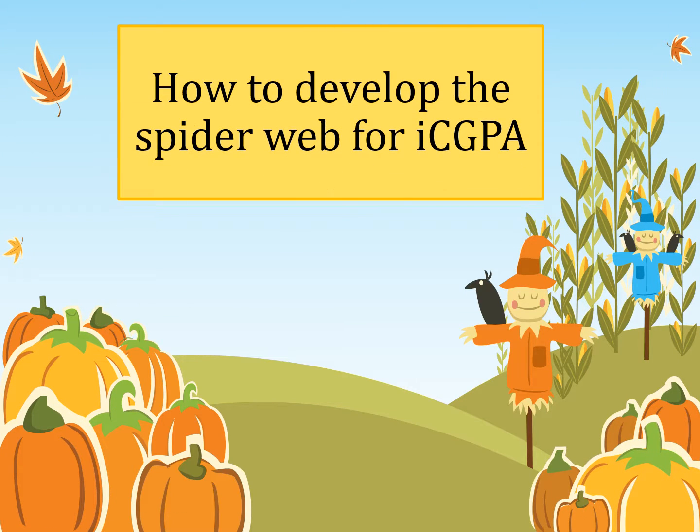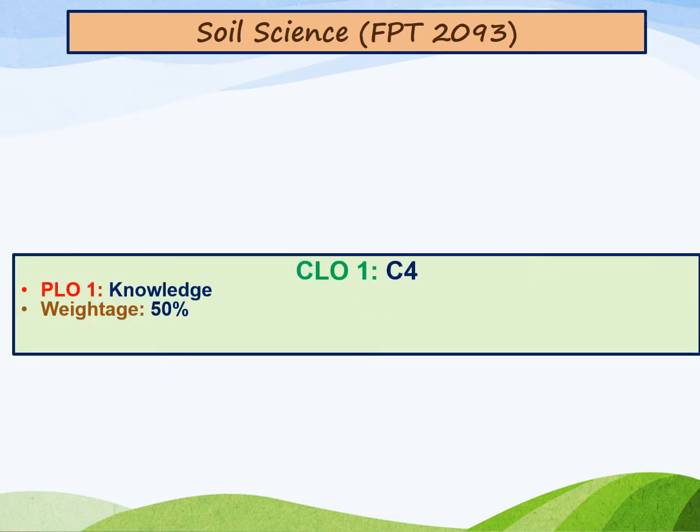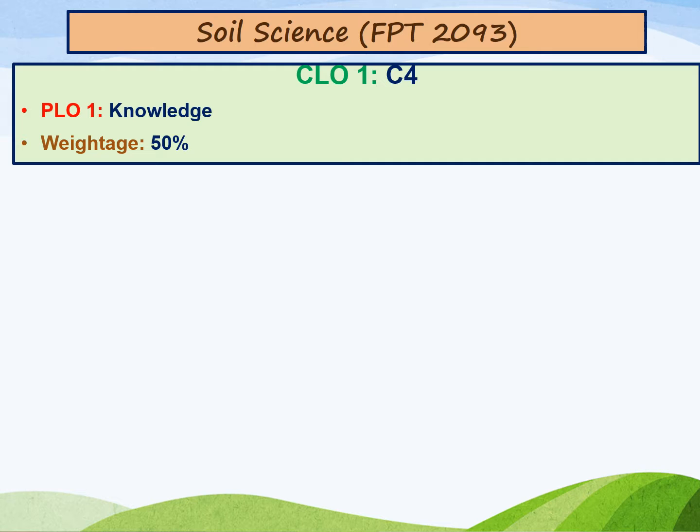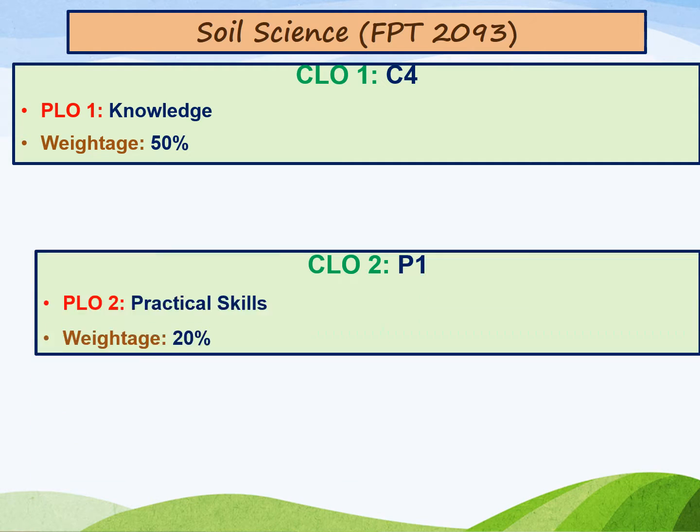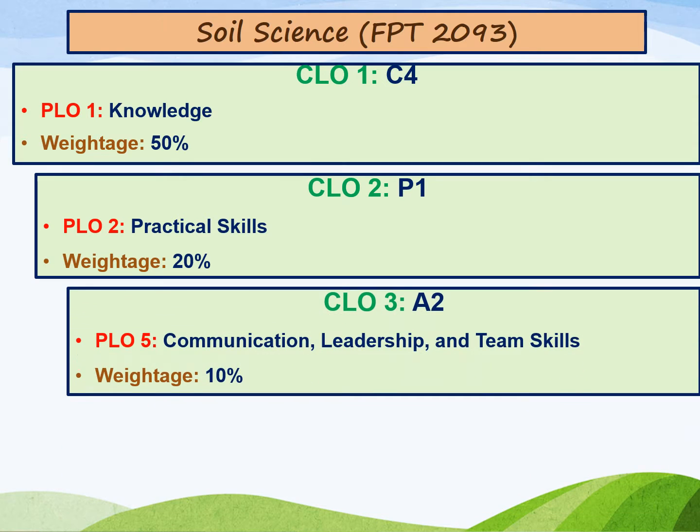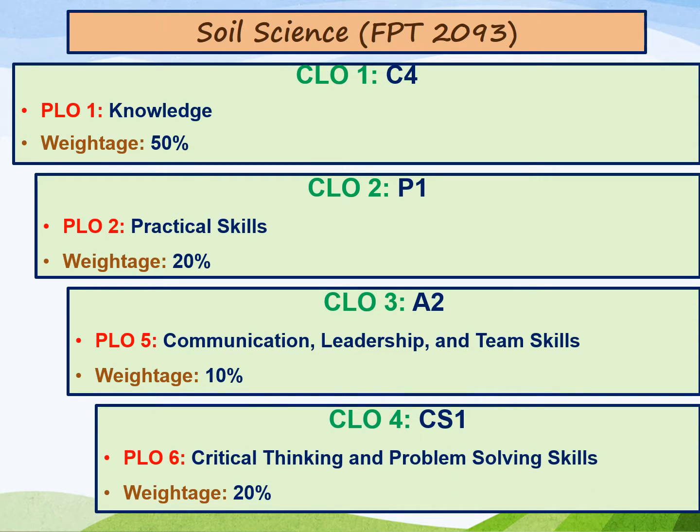Alright, let's move to our core business on how to develop the spider web for iCGPA. Let's take the soil science subject again as an example. The soil science subject has a total of 4 CLOs, and they are mapped to PLO number 1, PLO number 2, PLO number 5, and PLO number 6.